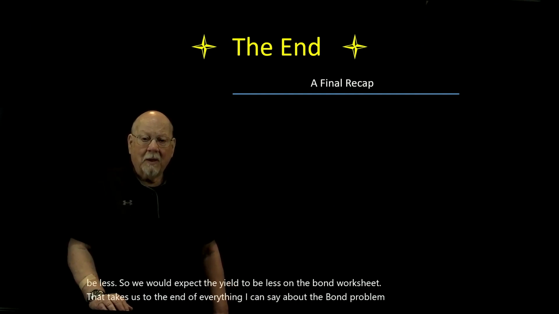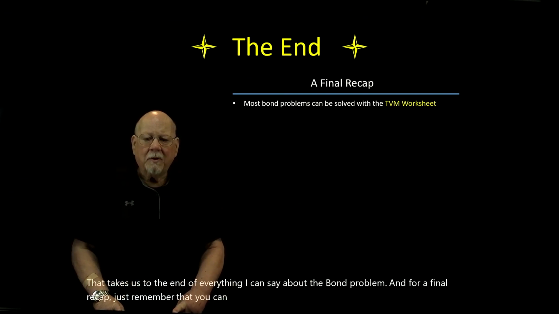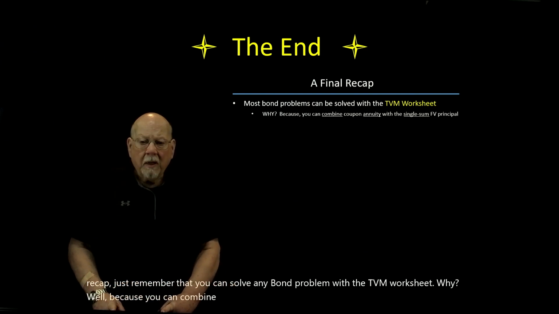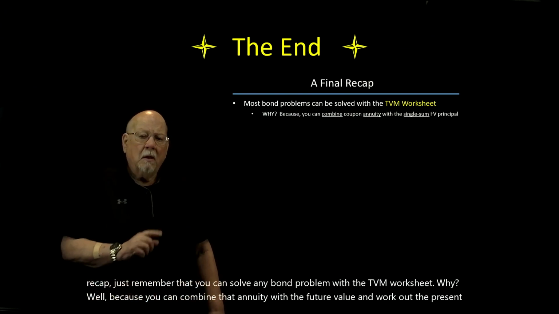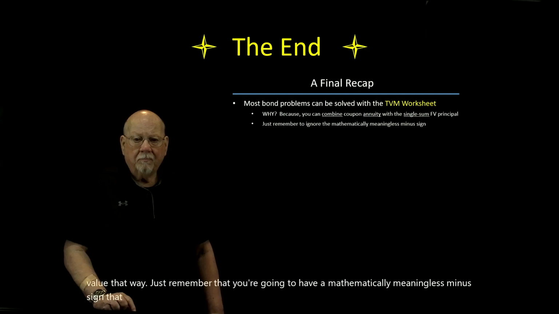And for a final recap, just remember that you can solve any bond problem with the TVM worksheet. Why? Because you can combine that annuity with the future value and work out the present value that way. Just remember that you're going to have a mathematically meaningless minus sign that you have to ignore.